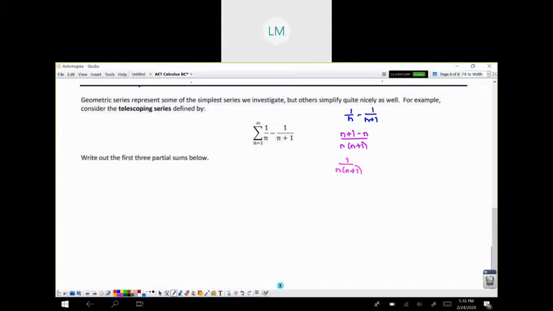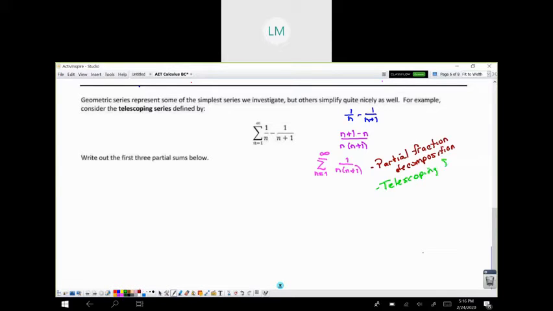So if you see a series like this, this is your clue that it's going to be partial fractions. We're going to use partial fraction decomposition to simplify it, and it will likely be a telescoping series.